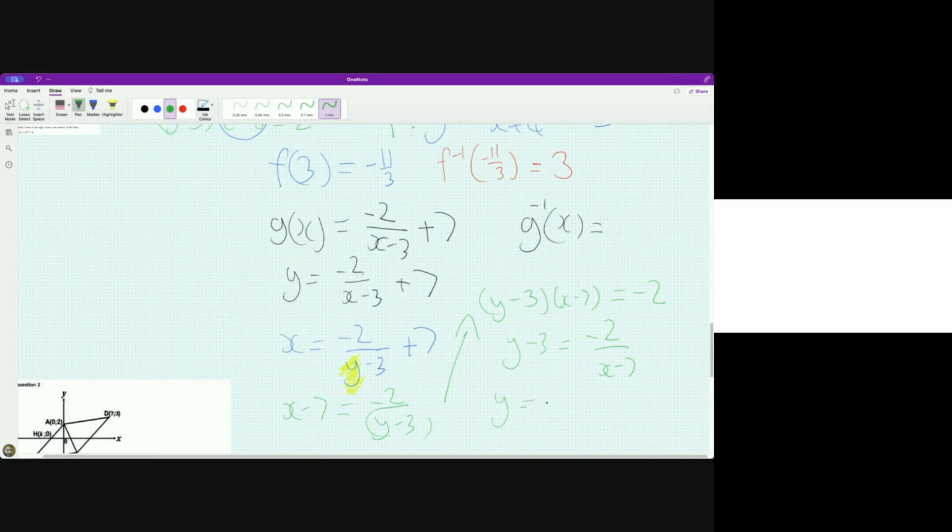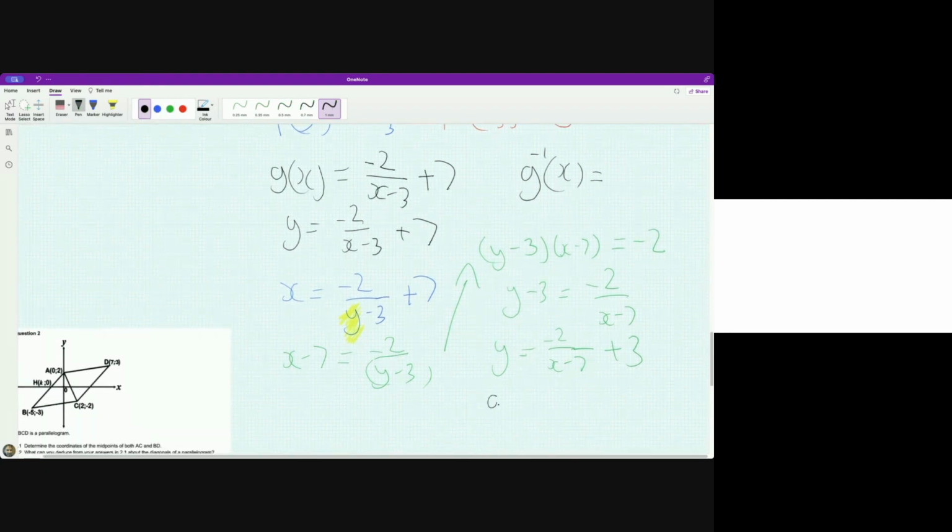And then I'm going to get y is equal to minus 2 over x minus 7 plus 3. And so my inverse function, so I'll put it back into the inverse function notation, should be that. Give me a thumbs up if that brings you joy and happiness.